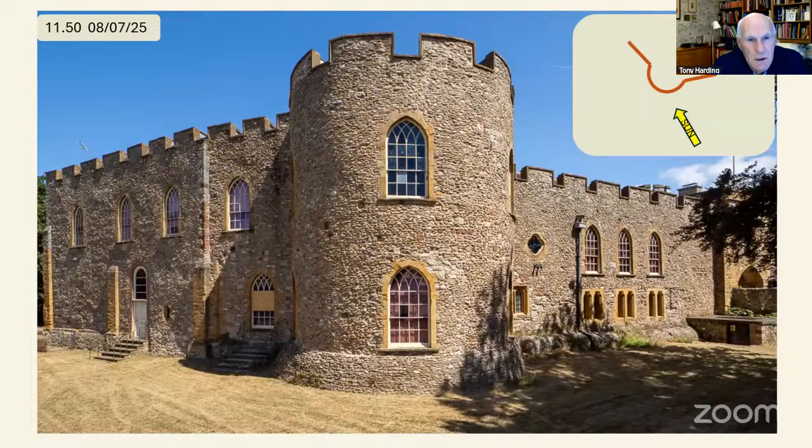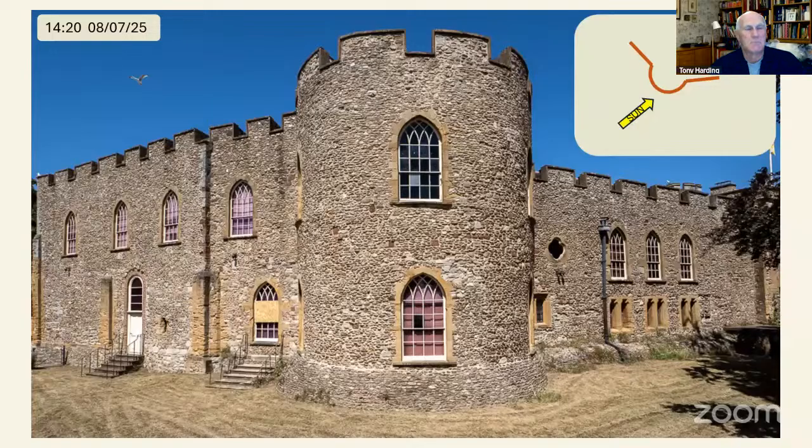The sun is glancing along that left-hand western elevation, bringing out some nice detail in the stonework. But we've got this rather ugly triangular shadow just to the left of the tower. So let's go and have a spot of lunch and come back a bit later and see how it looks. So I've gone off and had some lunch, a long lunch again.